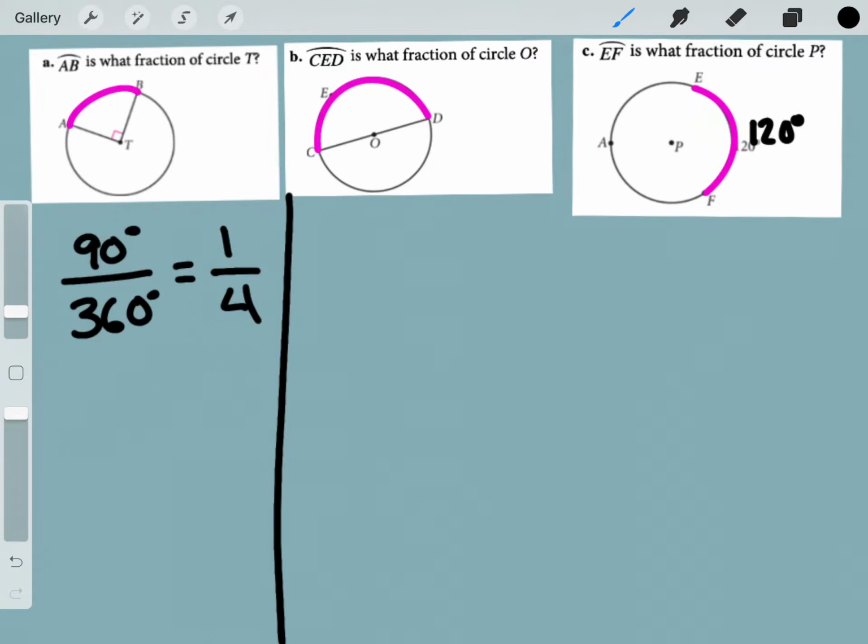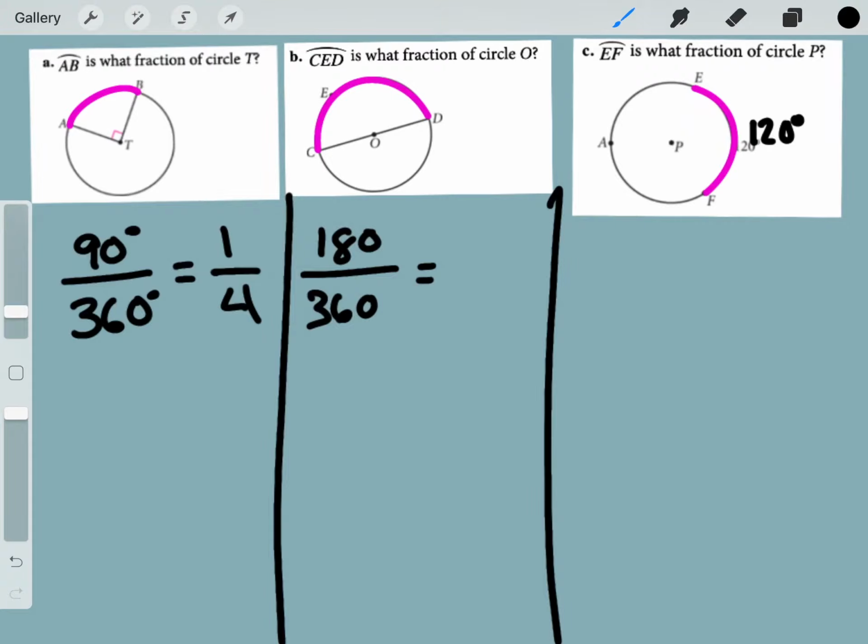Now let's talk about arc CED. What fraction of the circle is arc CED? So this is a semicircle, so we have 180 degrees in the semicircle, and it's divided by the 360 degrees, which is just 1/2 of the circle.